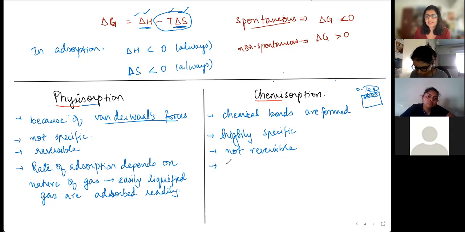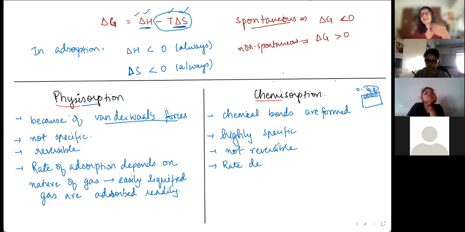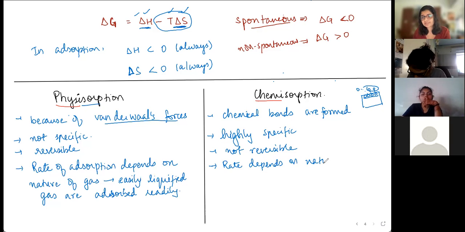In chemisorption also, the rate depends on the nature of the gas, but in this case it's more of how easily it can react with the adsorbent rather than the liquefiable nature. So here also the rate depends on the nature of the gas, but it's a different nature: the reactivity with the adsorbent.